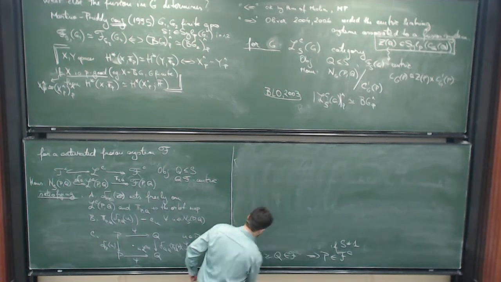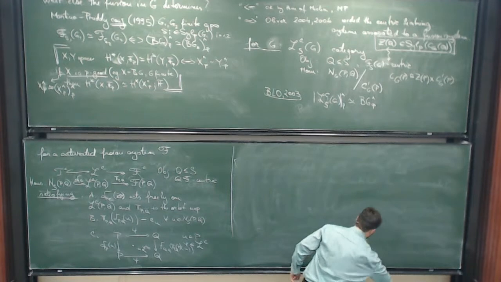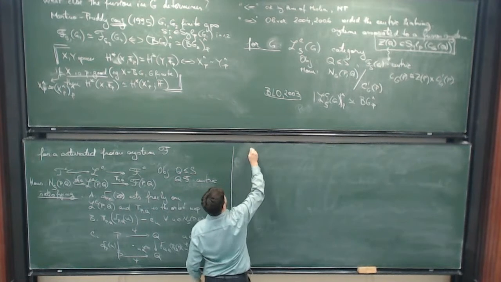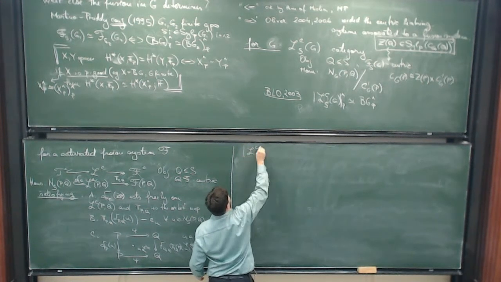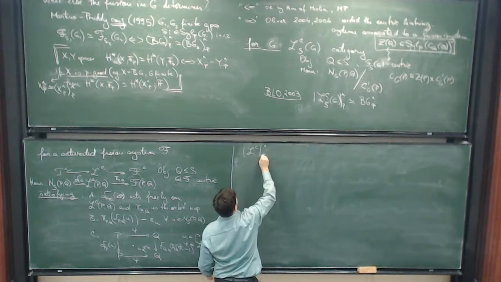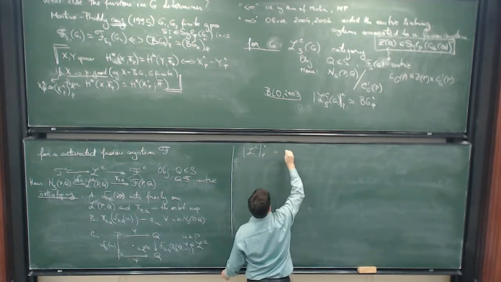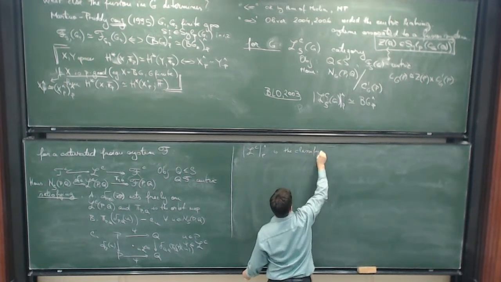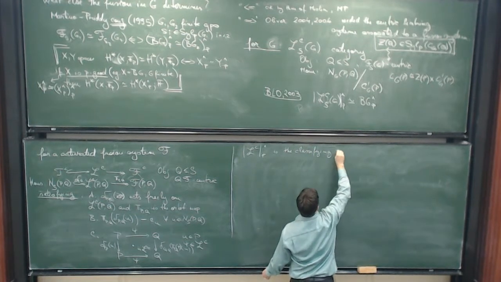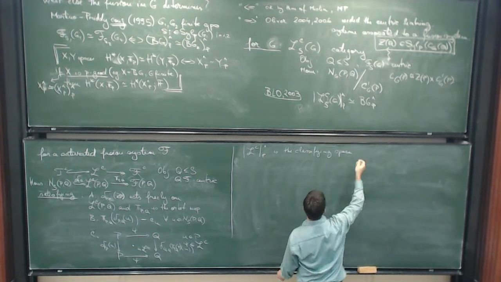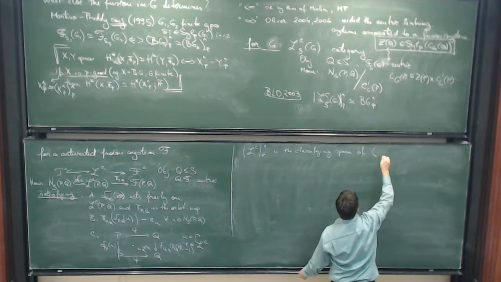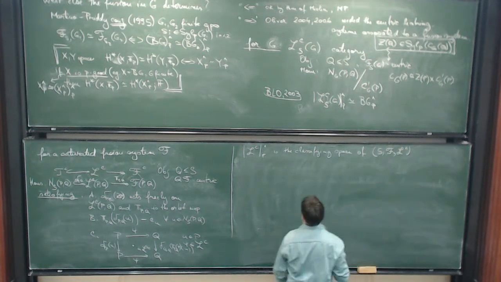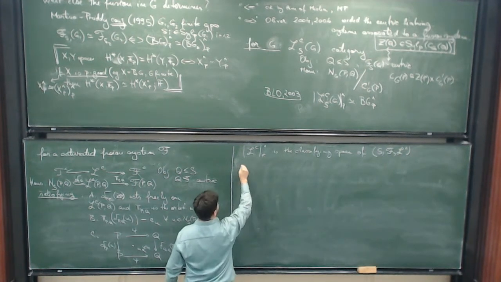So in fact it will be the classifying space, P completed, of the data of the fusion system and centric linking system. Right. Okay.